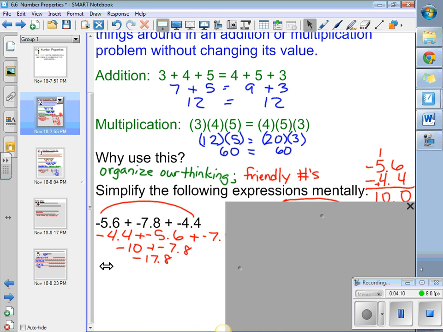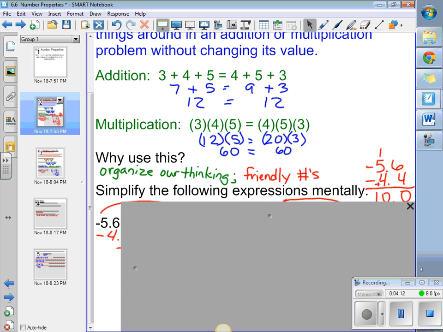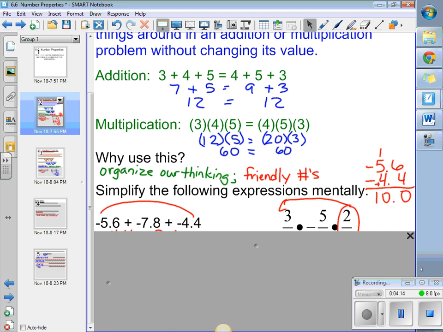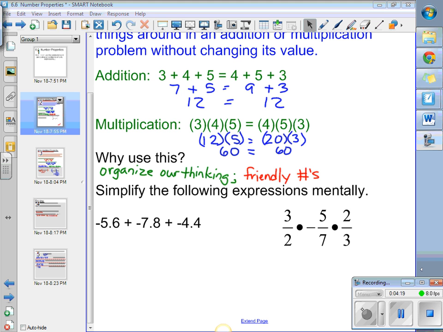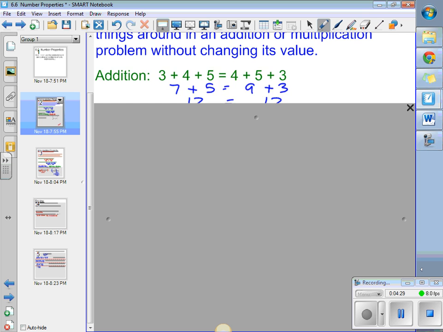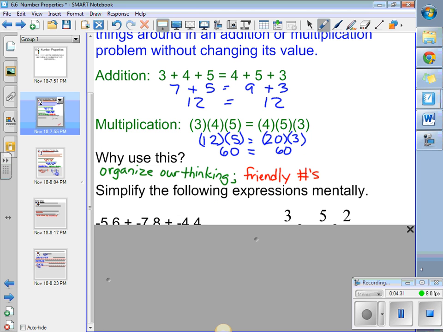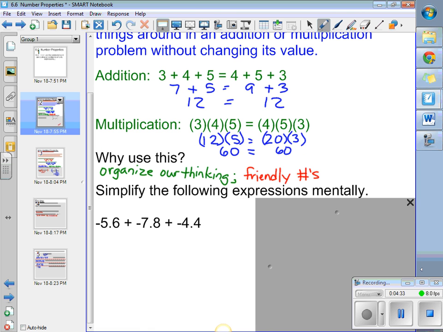So, let's start with, all right, hold on. Okay, if we look at these, oh shoot, forgot to put my screen back. Okay, I want just this half right now.